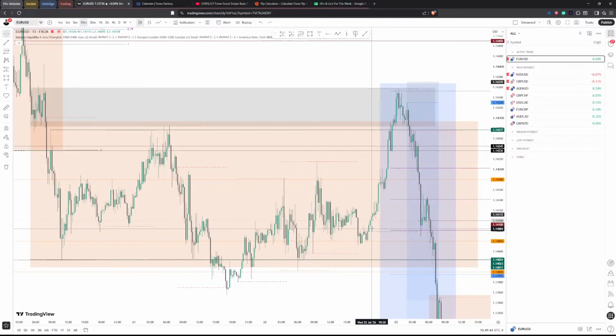Right, we displace up here, it's very small. Filling bearish fair value gap. After fill, larger displacement.